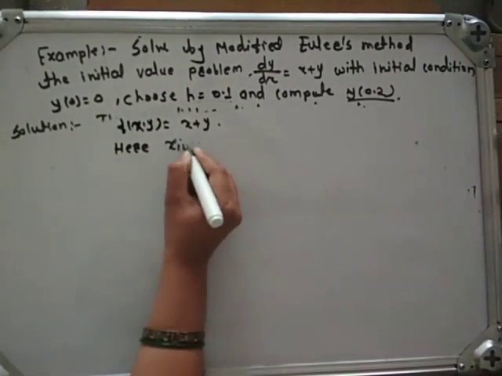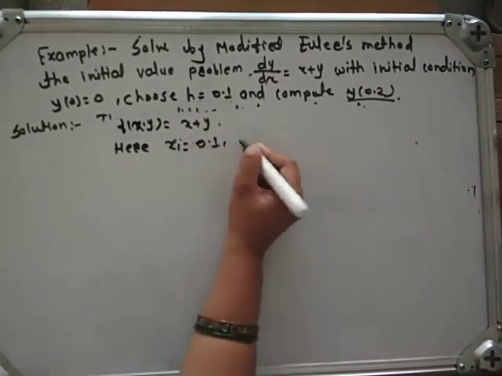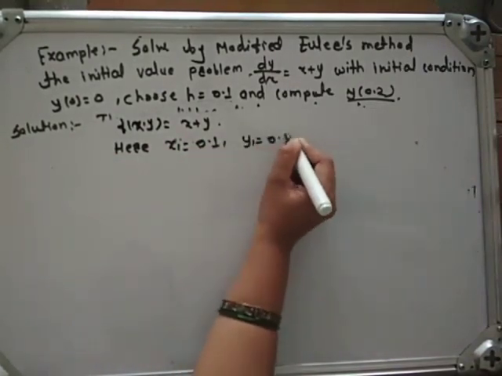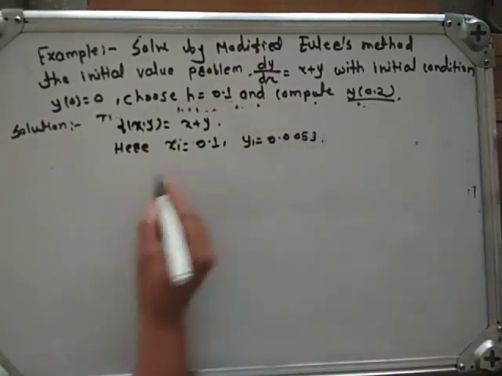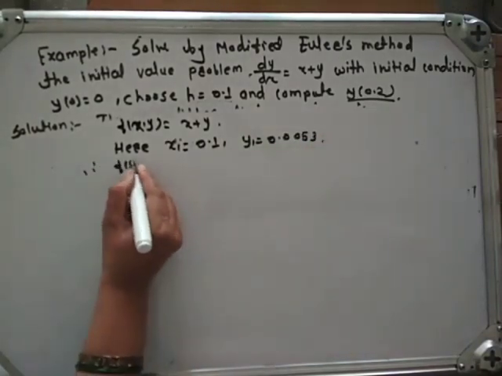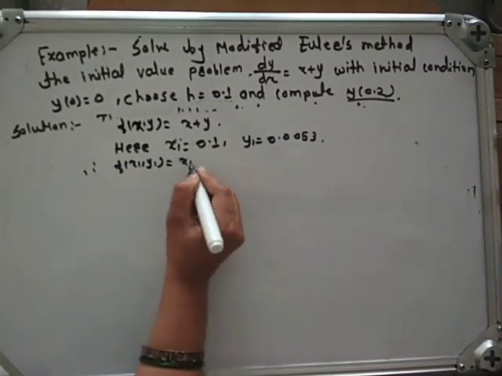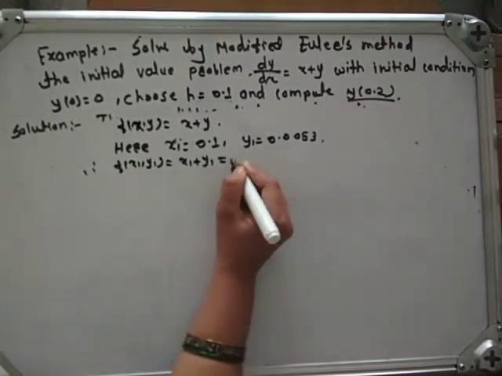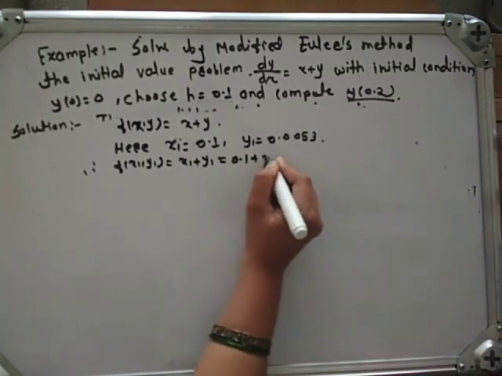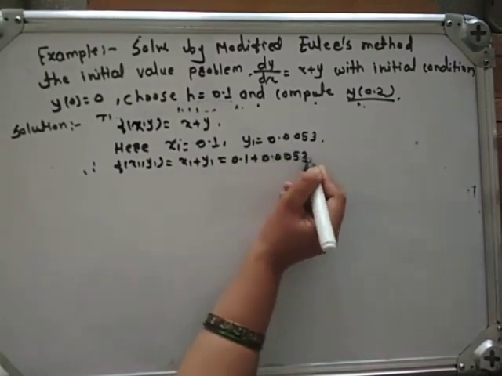Start with x1 equal to 0.1 and y1 equal to 0.0053. So f of x1, y1 is x1 plus y1, which is 0.1 plus 0.0053.